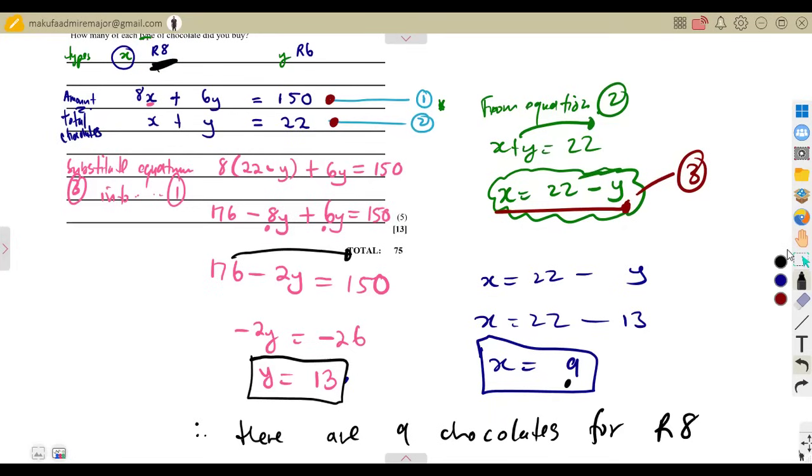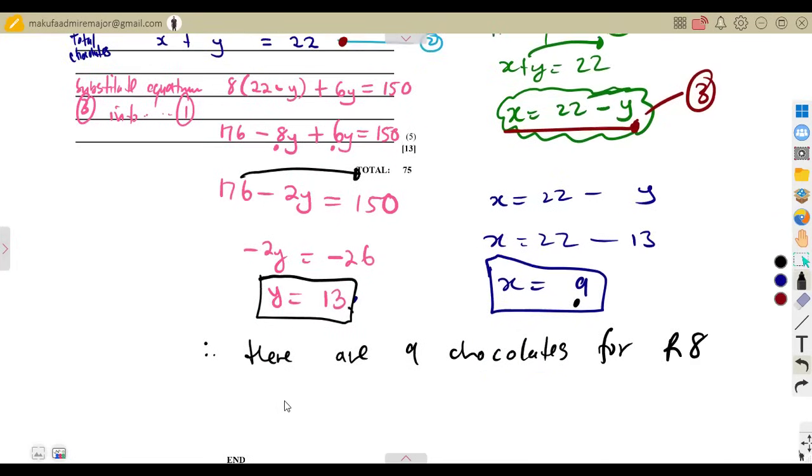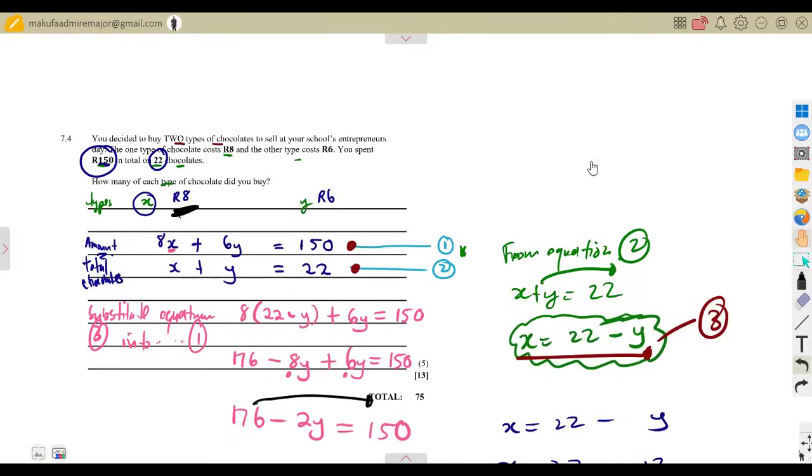Then for the 6 rand chocolates, remember there's another part, 6 represents Y there. There are 13 chocolates to be considered for this amount of 6 rand.